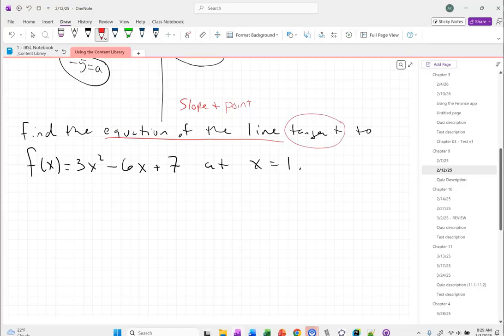Because we're talking about the line that needs to be tangent to the curve, the slope needs to be f prime of 1. And if it has to happen when x is equal to 1, the point has to be 1 comma f of 1.